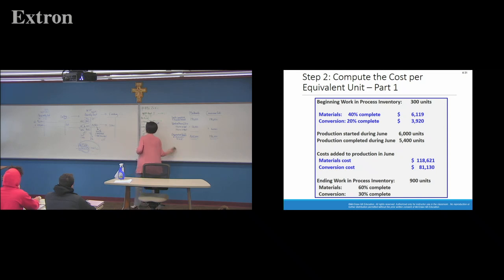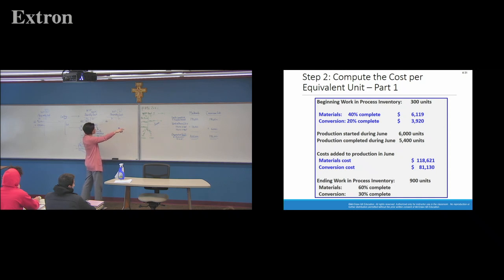Okay. So we're running out of room here. Let's pretend. Now this is the assembly department T account. And these are dollars, but these are conversion cost dollars. All right? So that's just materials, right? Those 300 units also cost us money in terms of labor and overhead.